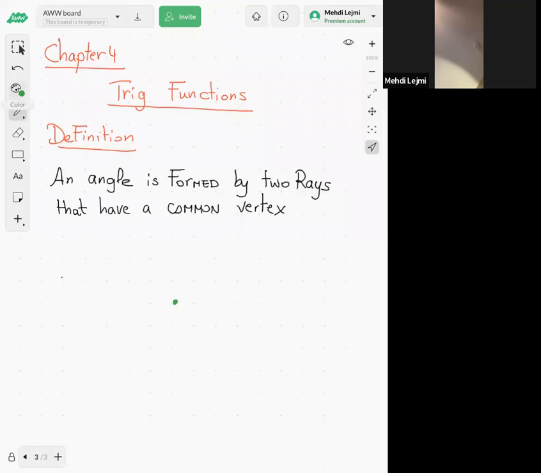So what I'm saying is that you have this vertex, and there are 2 sides. The first side is called the initial side. So let's say this is your initial side. And then there's a second side, which is the terminal side. This is here, there's a terminal side.